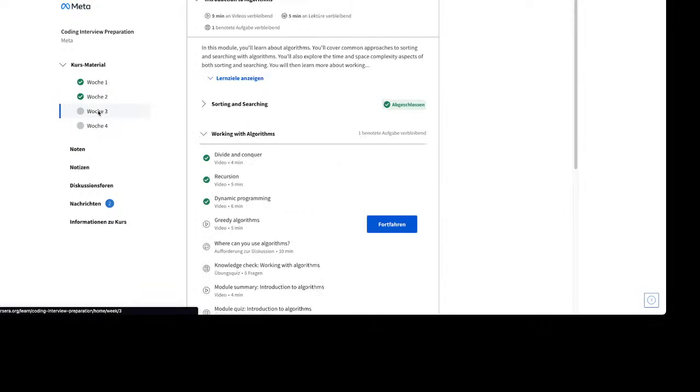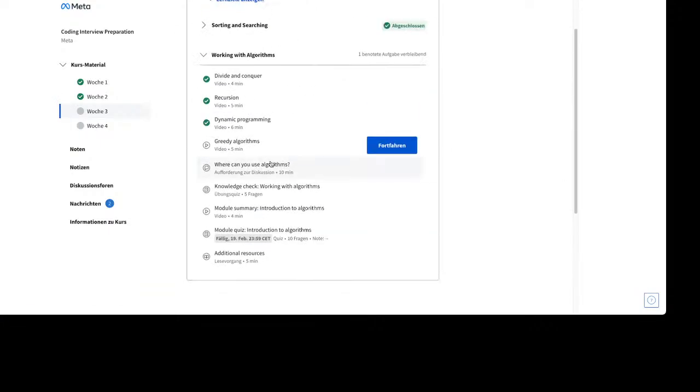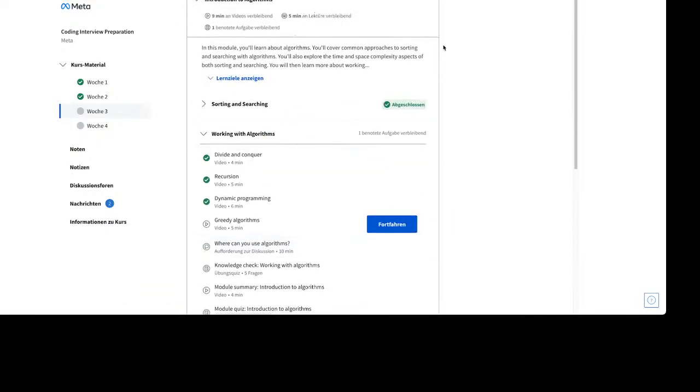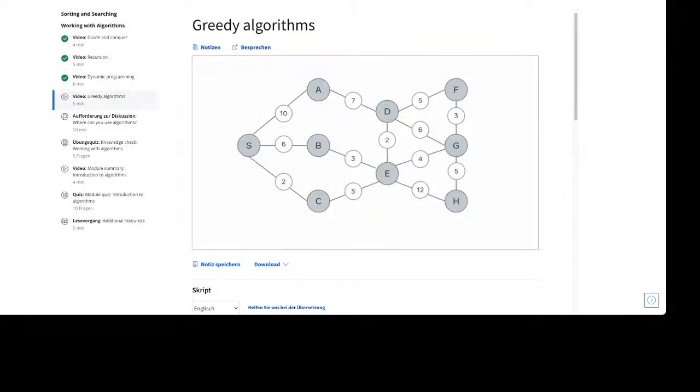The image shows a map with 9 different nodes: A, B, C, D, E, F, G, H, and S. Each node is connected to another node by a weighted path. This weight reflects the cost that would be incurred by selecting this path.